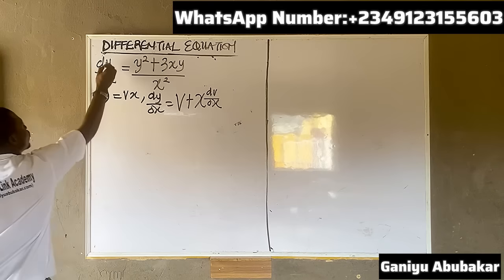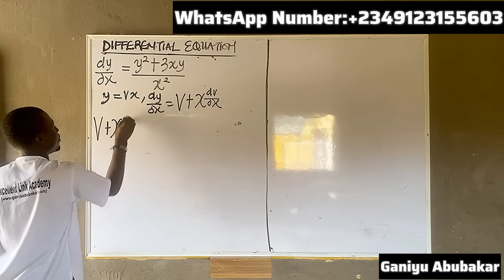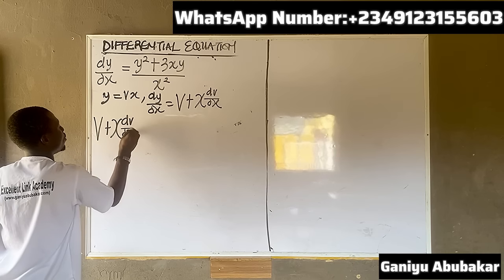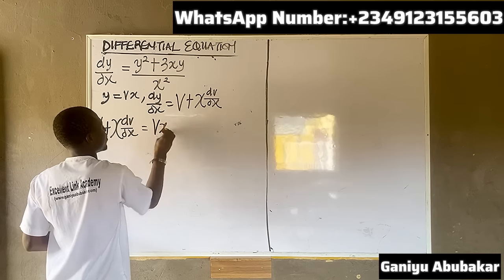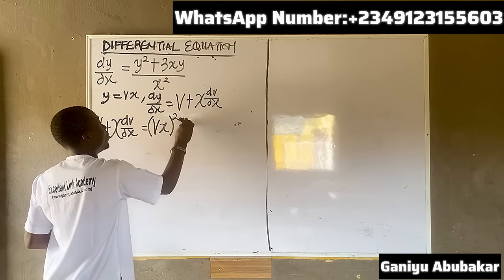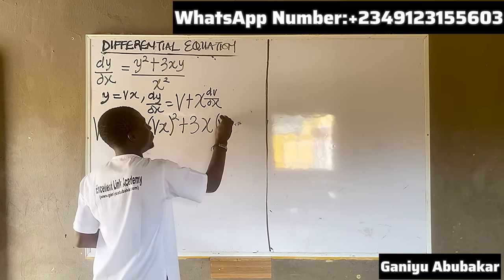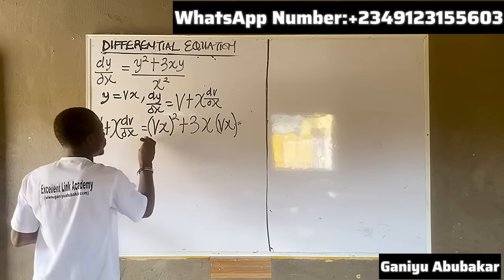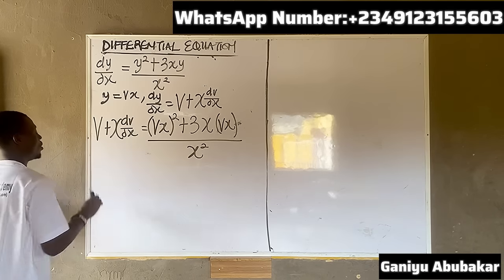Alright, this gives you v plus x dv/dx equals y, which is vx, all squared, plus 3x times v. Y is what? vx. All over x squared.